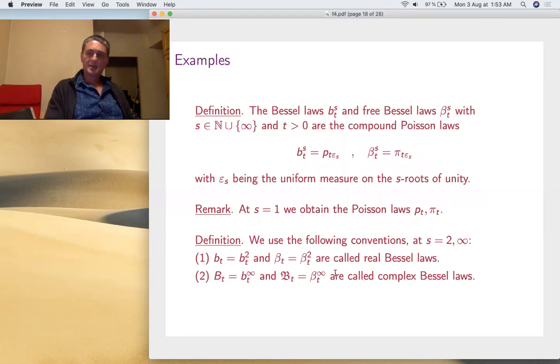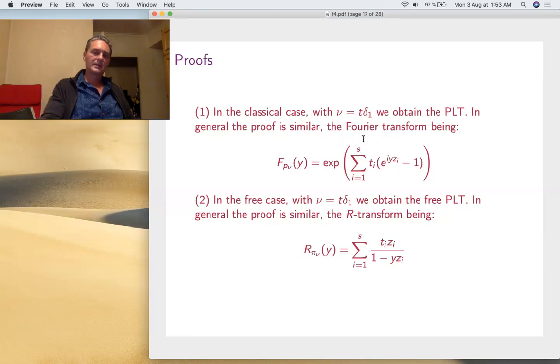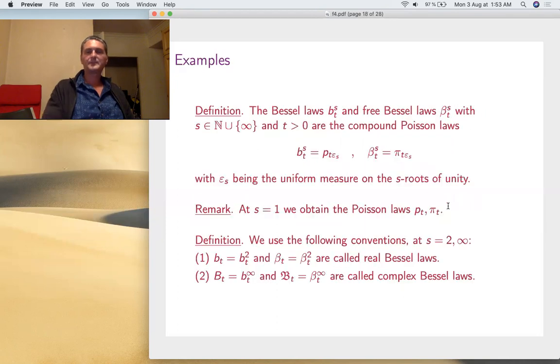So let's see some examples of this. What can we plug in? So far we have t delta 1, and we obtain the Poisson, free Poisson. Now, instead of delta 1, we can put the uniform measure on the roots of unity in the complex plane.